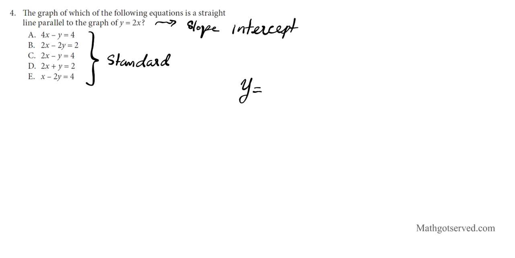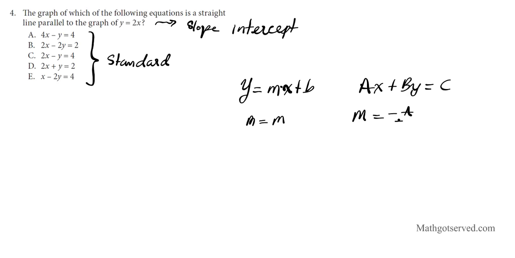If it is slope intercept form, y equals mx plus b, the slope m is simply m. And if it's an ax plus by equals c form, also known as the standard form, the slope is simply -a over b. Okay? So you can transform all these to slope intercept form and find m easily, or you can just use this trick. This saves you a lot of time.